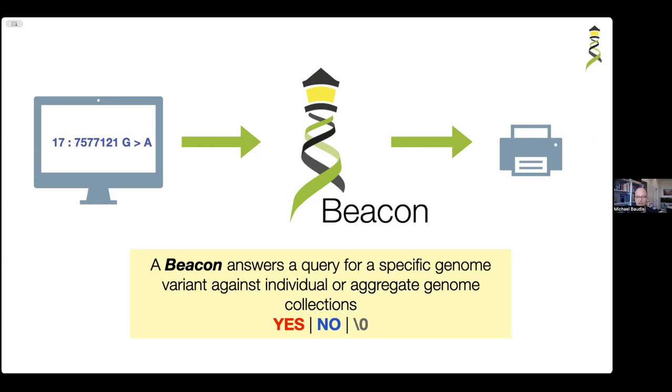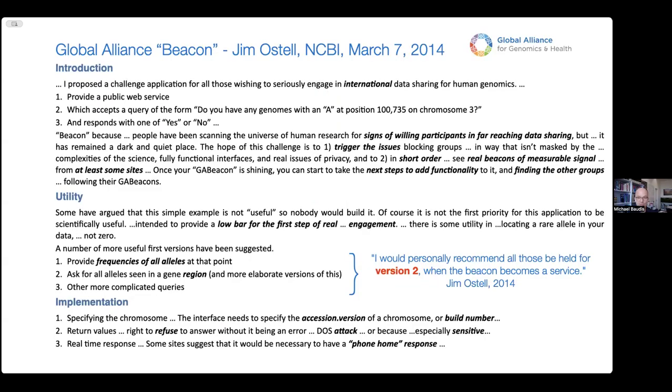Just allow a query wherever you are, allow just this query: do you have this genomic variation in your database? And the idea was to get people engaged, get people excited, to have some use cases with real data, and therefore then start a development process for improving this.